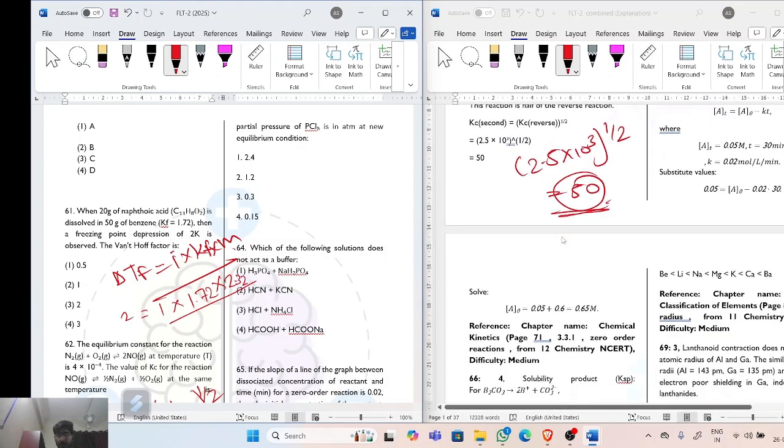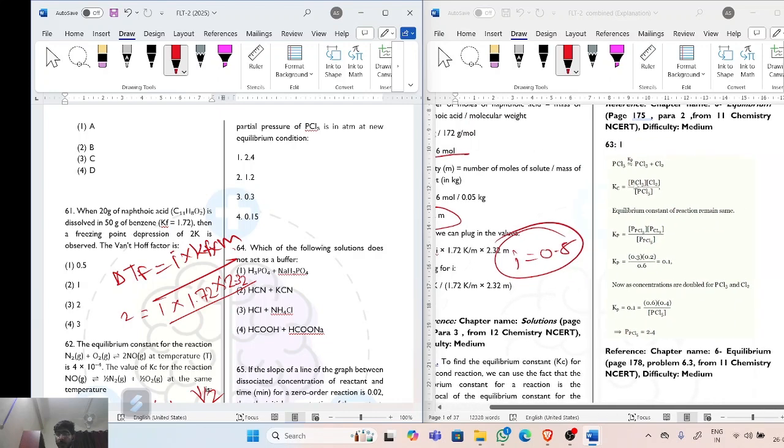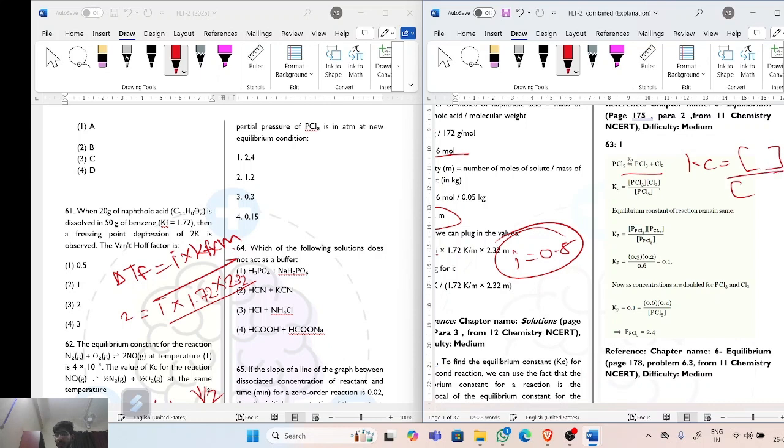So first of all, the reaction is given that PCl5 is giving PCl3 plus Cl2 gas. We can calculate the Kc value, which is the concentration of products divided by the concentration of reactants. Now the equilibrium constant remains the same.